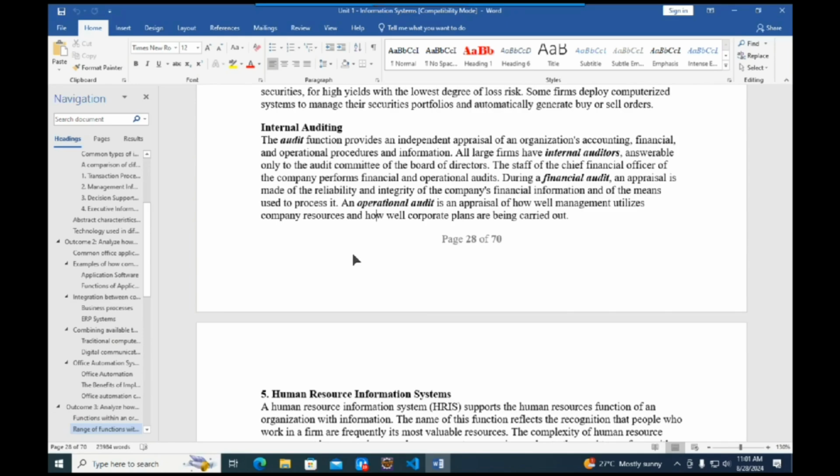We can also have external audits. A company can bring in external auditors to do financial audits on the company as well.